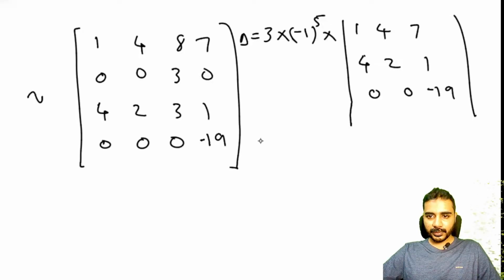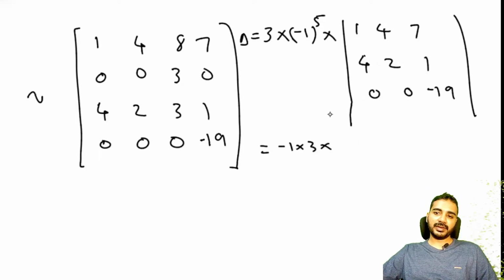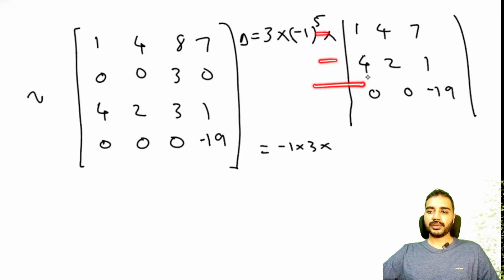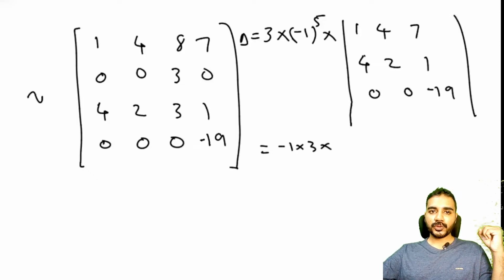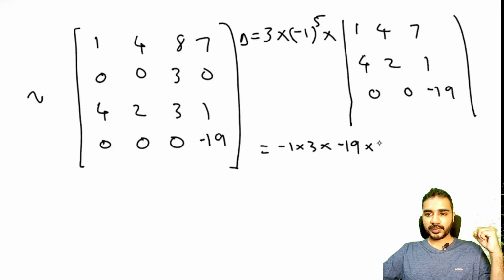So which is equal to minus 1 into 3 into, then minus 19 is in which row and which column? Third row and third column. So minus 1 raised to 6 is 1. So minus 19 remains the same. Then we need to remove this and calculate this. This is 2 minus 8, that is minus 6.